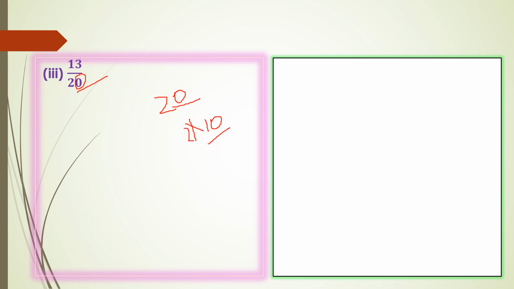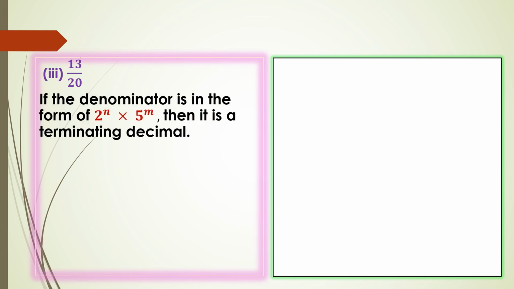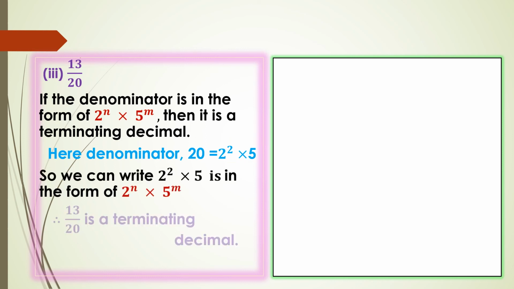Clear? So directly you can say it. By prime factorization, you got 2 square into 5. If a number is ending with 0, then it is directly terminating. 2 square into 5 means it is n, it is m, so it is in the form of 2 power n into 5 power m. So it is a terminating decimal.